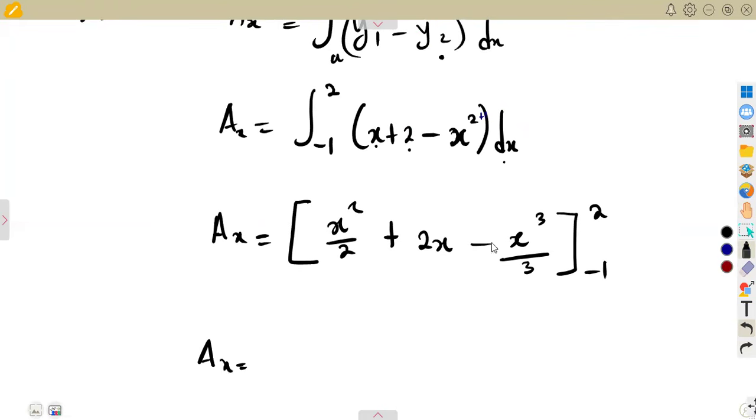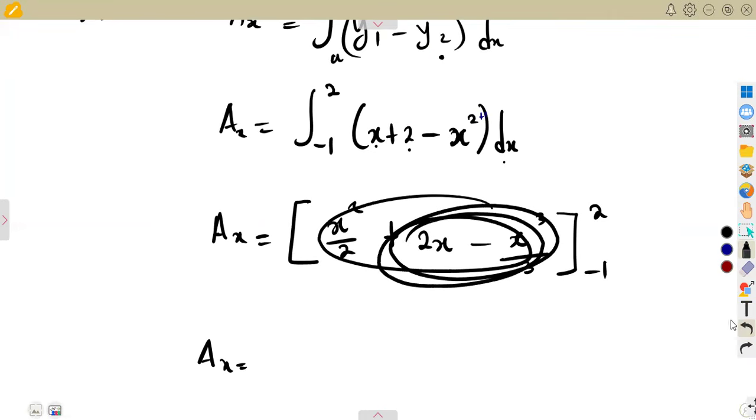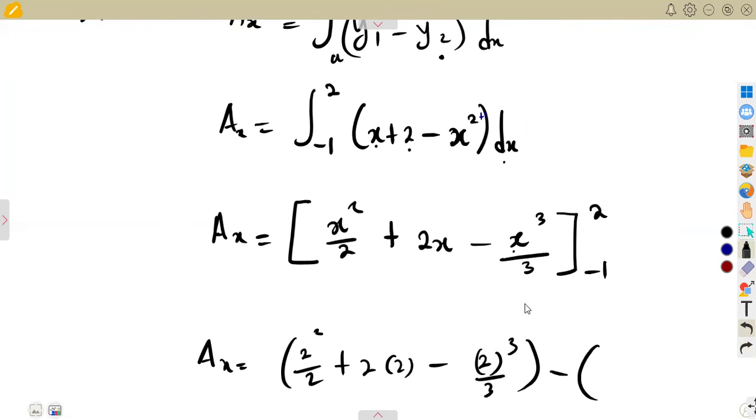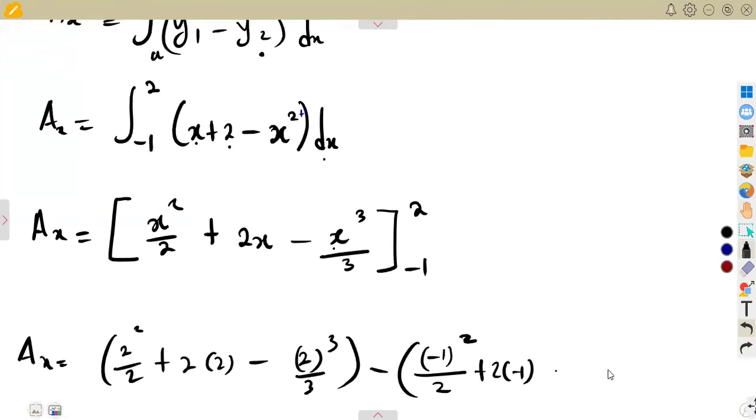So in place of x, substituting the upper limit, which is 2, that's 2 to the exponent of 2 over 2, plus 2 times 2, minus 2 to the exponent of 3 over 3. That's our upper limit, minus the lower limit: in place of x, -1 to the exponent of 2 over 2, plus 2 times -1, minus -1 to the exponent of 3 over 3.